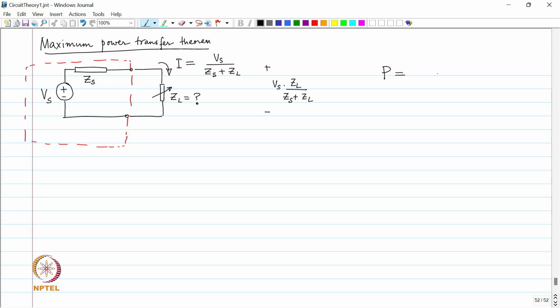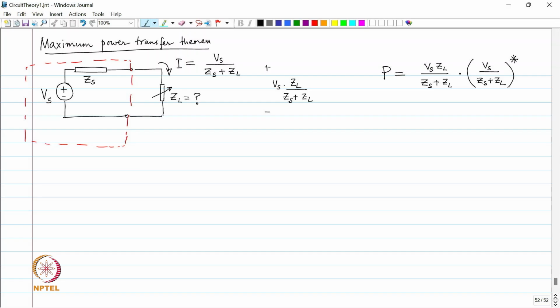V times I star, conjugate of I. Remember? Okay, it is not V times I, it is V times conjugate of I. Okay. So, this is V times I, but I needs a star on top.